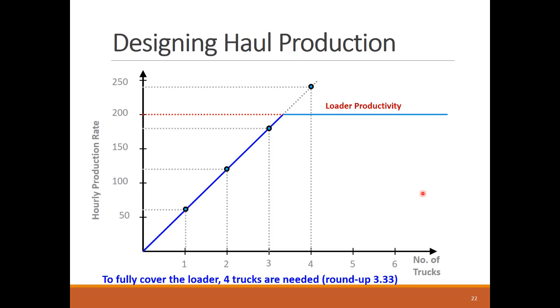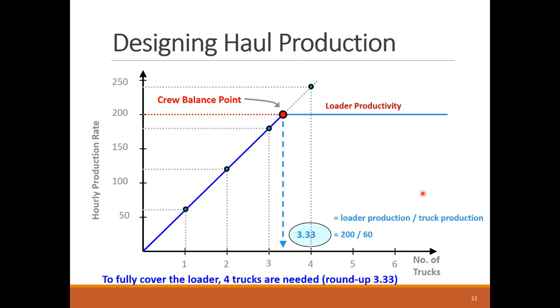We can see here a discontinuous relationship between the number of trucks and the productivity. And this discontinuity point is what we call the crew balance point. This point is the optimal crew composition where every resource is 100% utilized and achieving the maximum production of the serving resource, which is the loader.